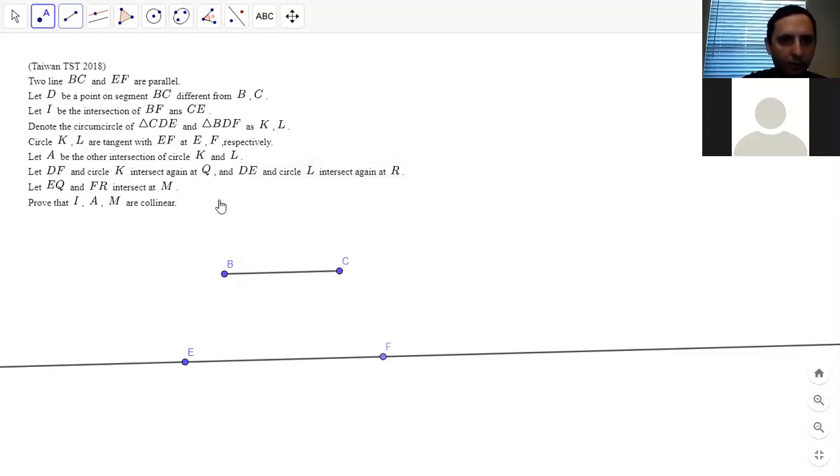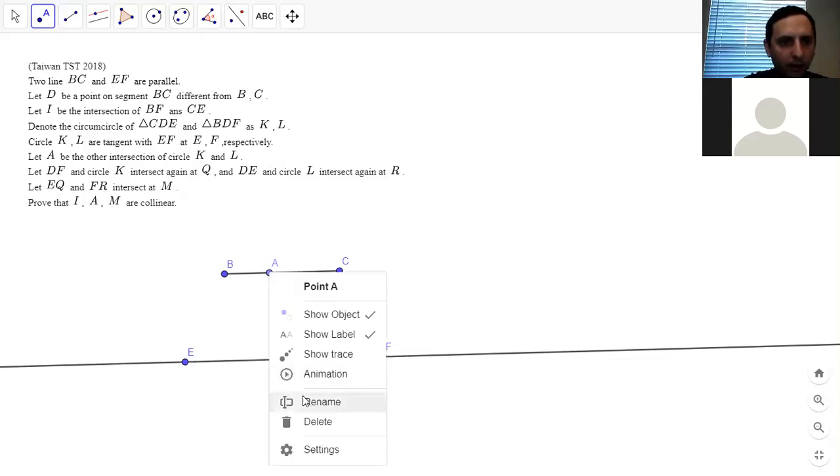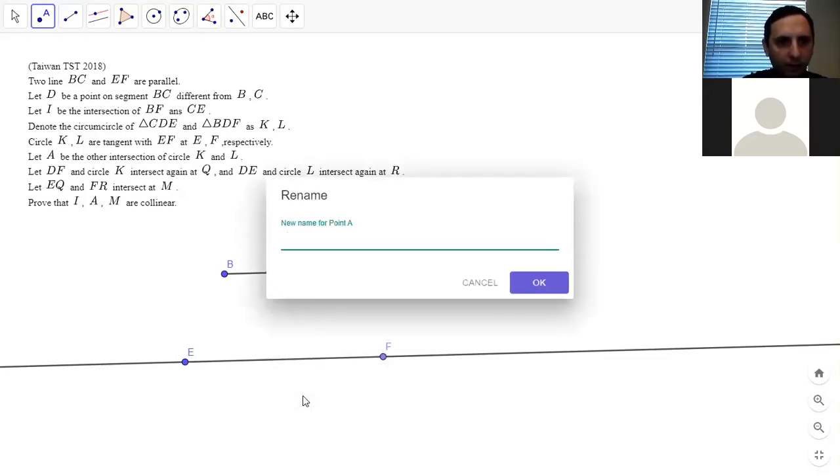So let D be a point on segment BC, and I is the intersection of BF and CE.